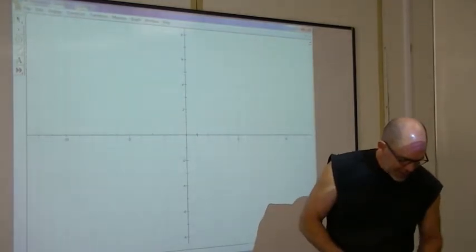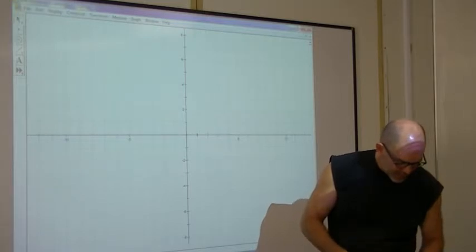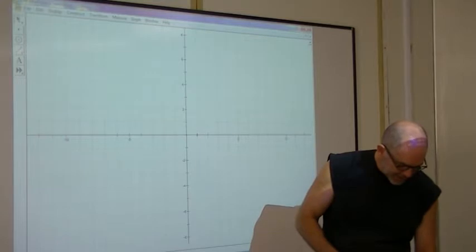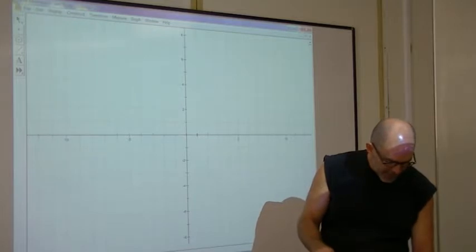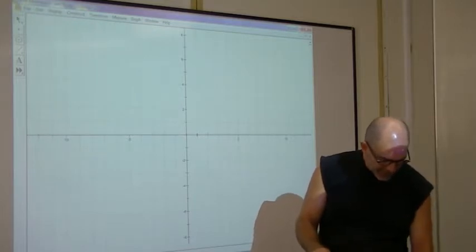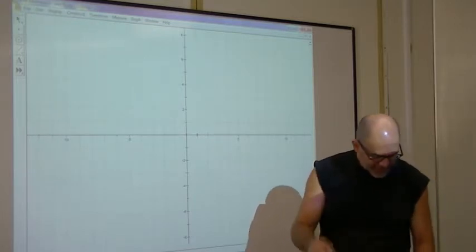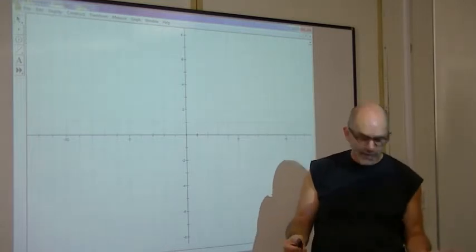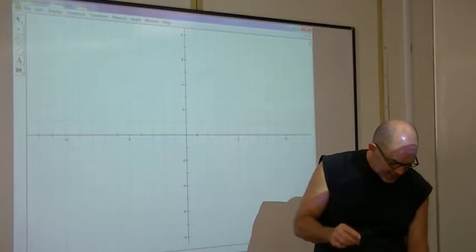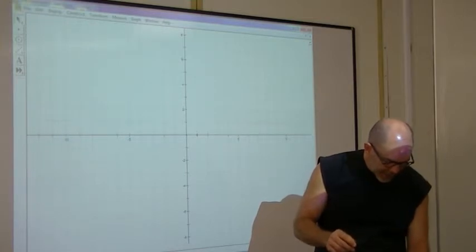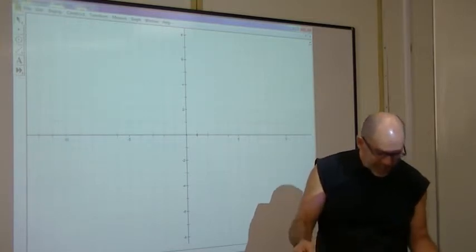Theorem 8 is just common sense too. If f is continuous at some point b, and the limit as x approaches a of g of x equals b, then the limit as x approaches a of f of g of x equals f of b, because of the definition of continuity. You can substitute the limit as x approaches a of g of x for b.